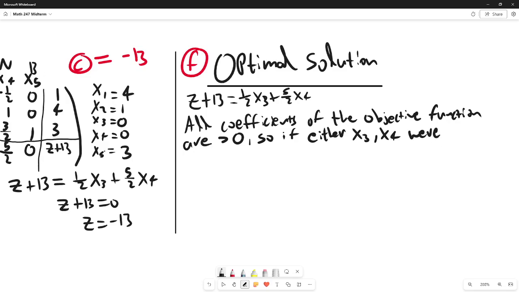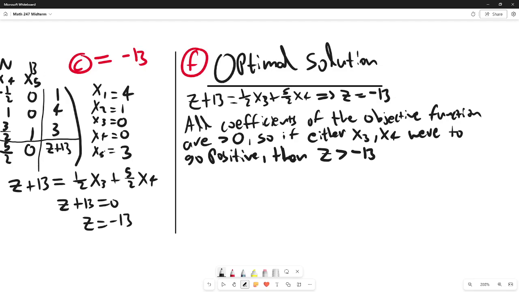were to go positive, because remember x3 and x4 are both 0 right now, then z would become greater than negative 13 rather than being equal to negative 13, right?